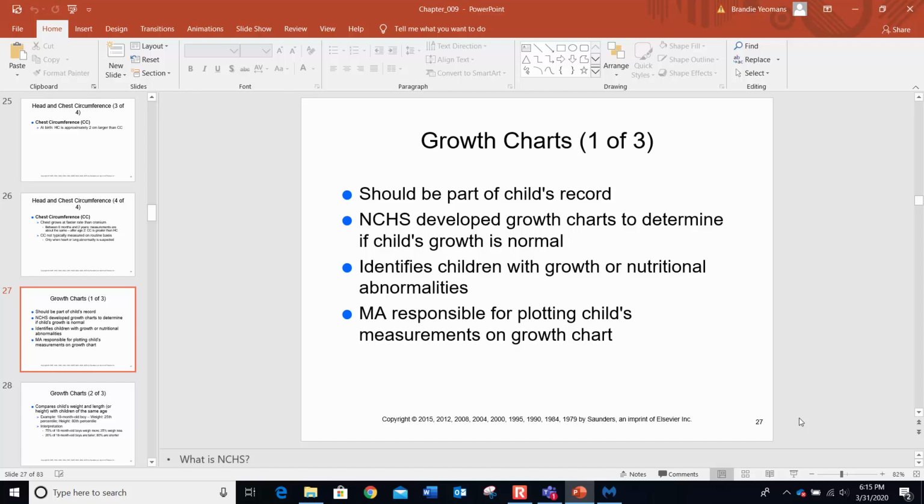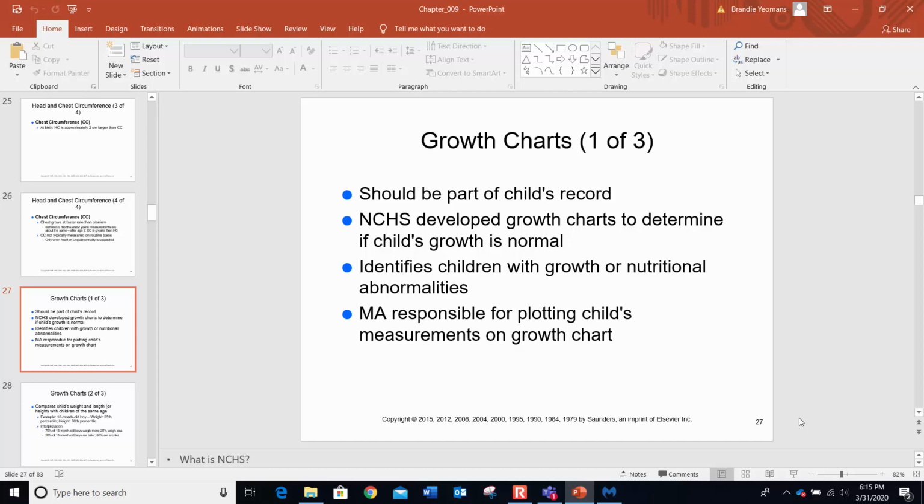We're actually taking our children and comparing them in height and weight, or length, to other children of the same age. So the primary use of a growth chart is to look at a child's growth pattern.